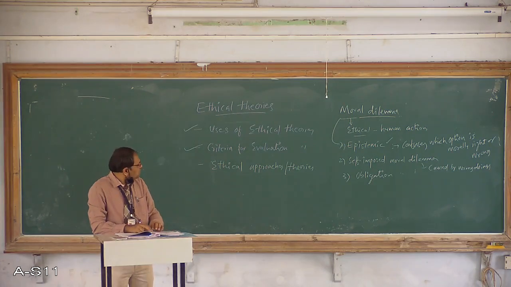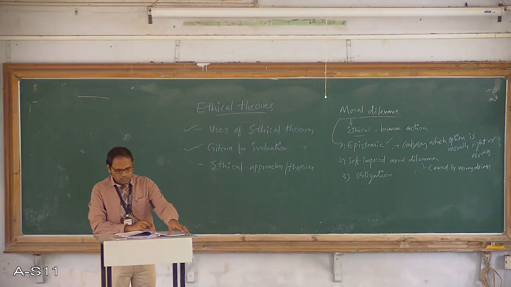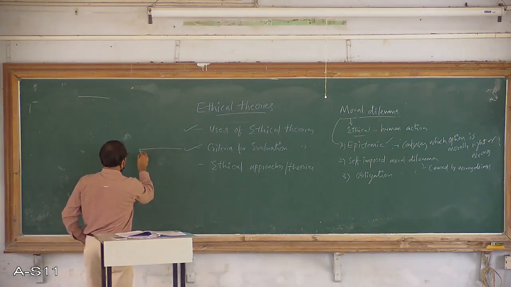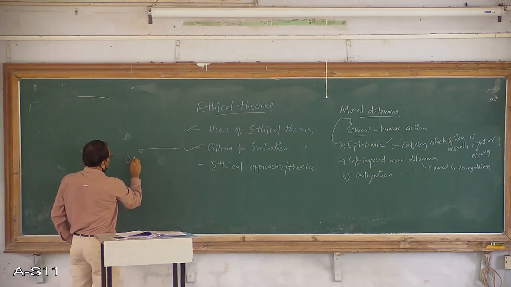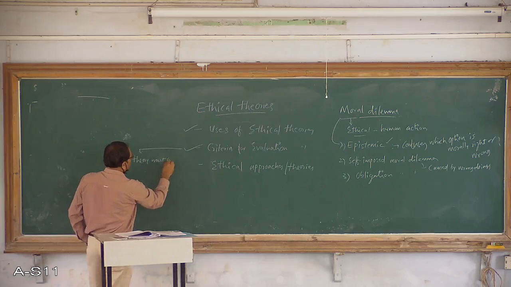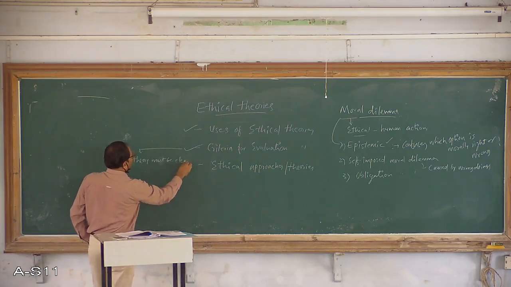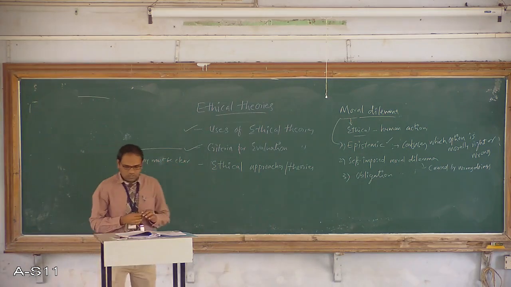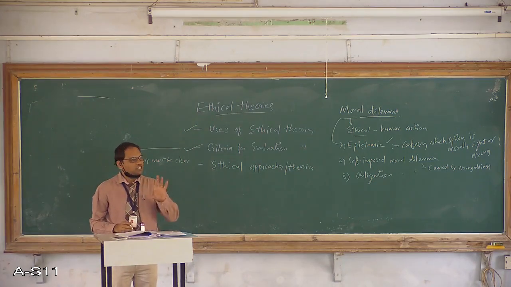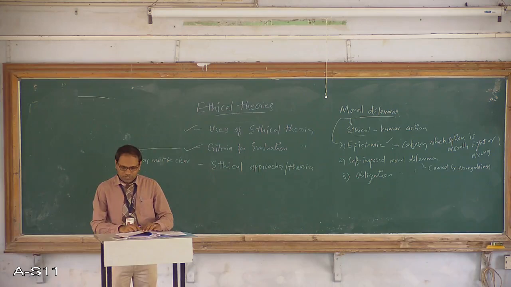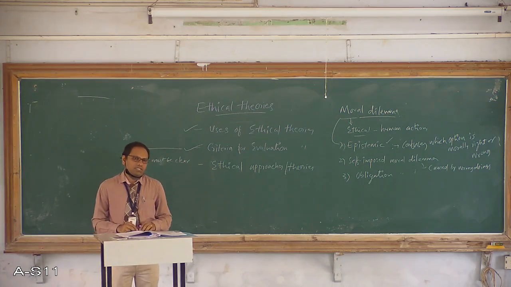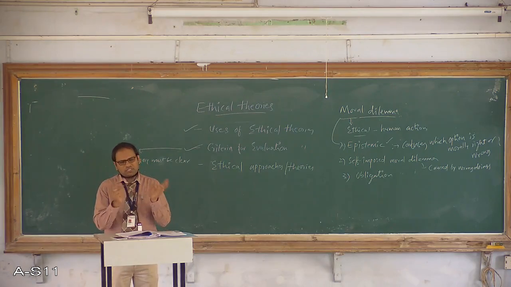The first criterion is that the theory must be clear. The theory should be formulated with different concepts, so that when you read the theory or the situation, it is connected logically.